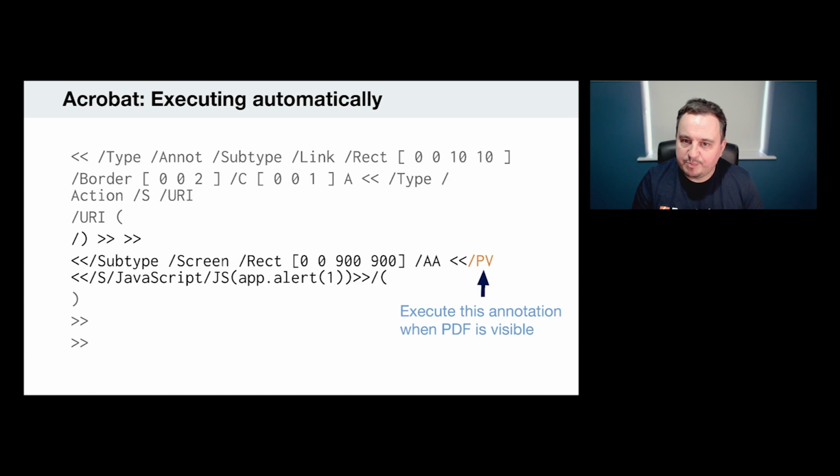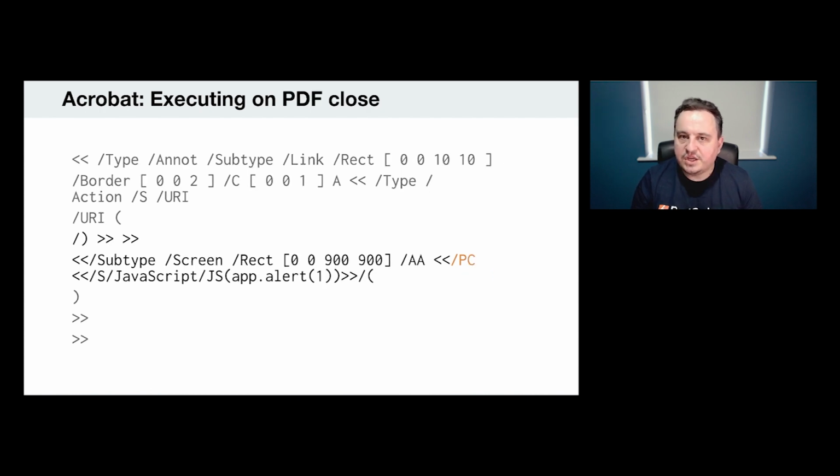We don't even need to booby trap the PDF now. All we need to do is get the victim to open the PDF and it executes automatically. You can also do the same when the PDF document is closed. So we can track when the PDF document is open as well as when it's closed. This uses the PC dictionary, which executes when the document is closed.